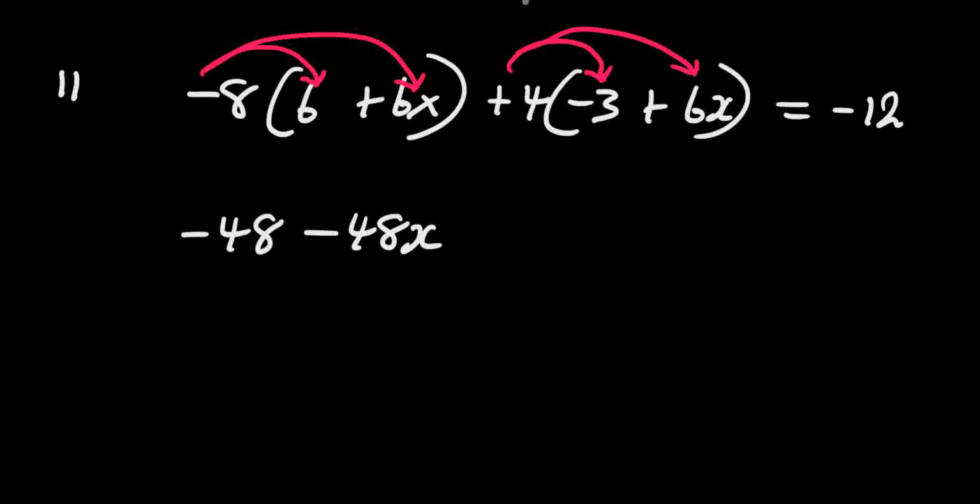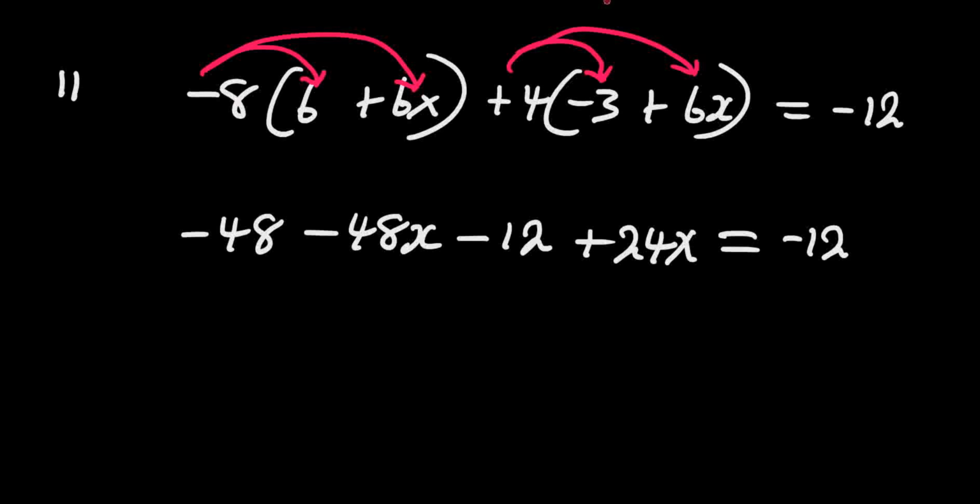Also, 4 times negative 3 will give us negative 12, and 4 times positive 6x will give us plus 24x, and this is equals to negative 12.